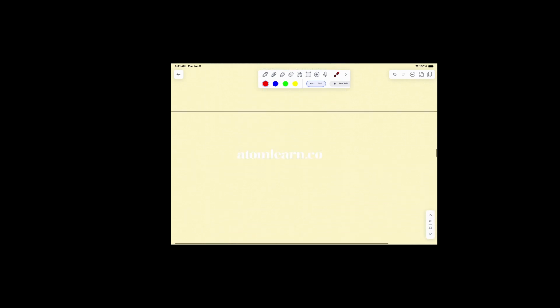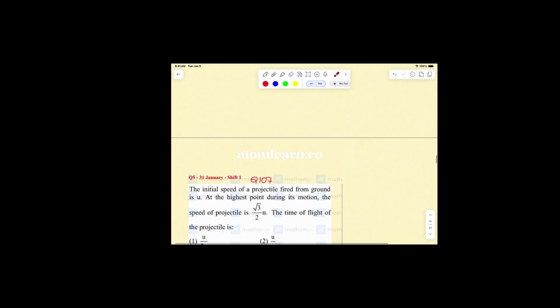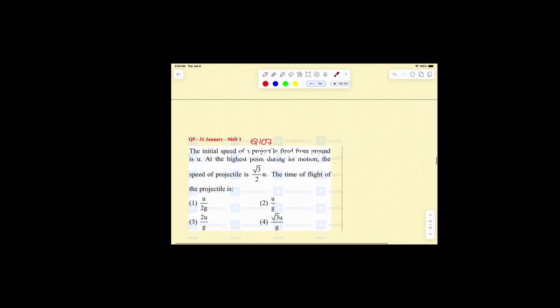Next question. Question number 107. Initial speed of a projectile fired from the ground is u. At the highest point during motion, the speed of the projectile is √3/2 u. That means u cos theta is equal to √3/2 u. That means cos theta is √3/2, so theta equals 30 degrees.